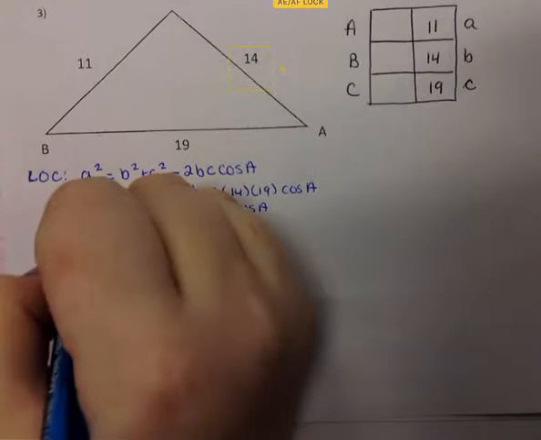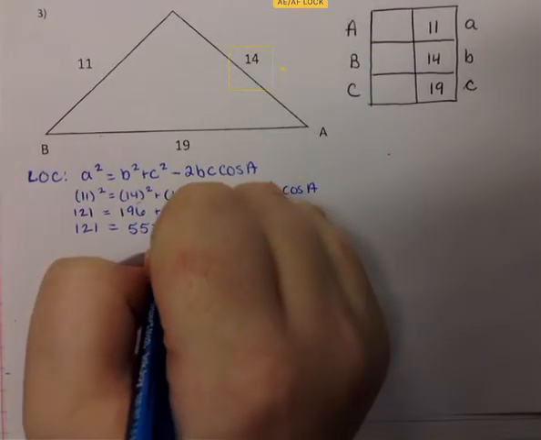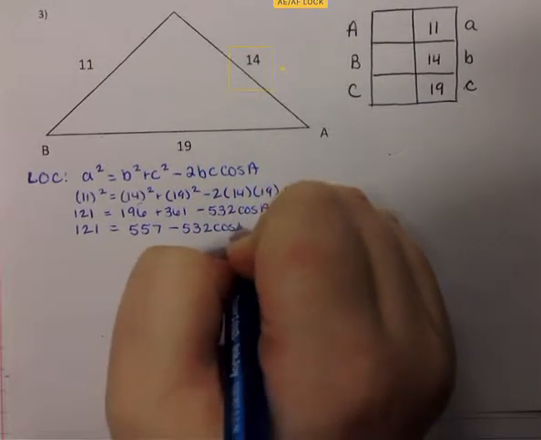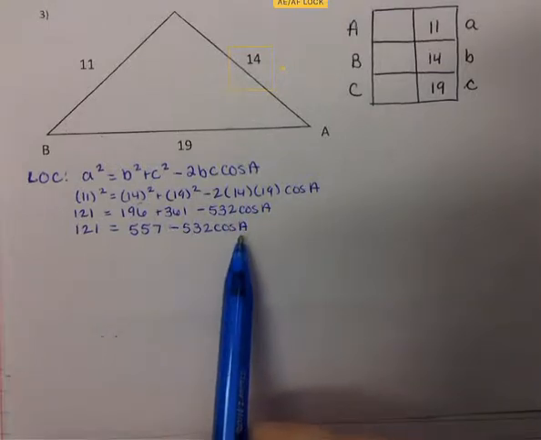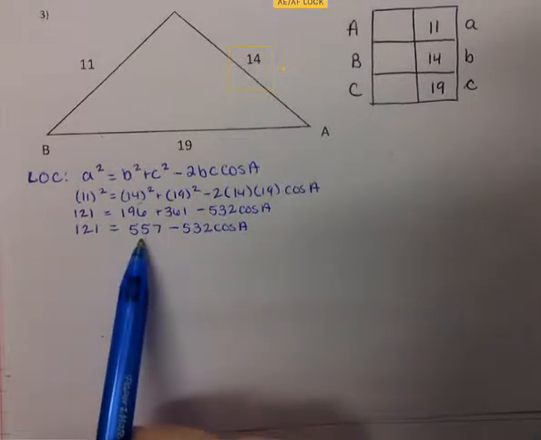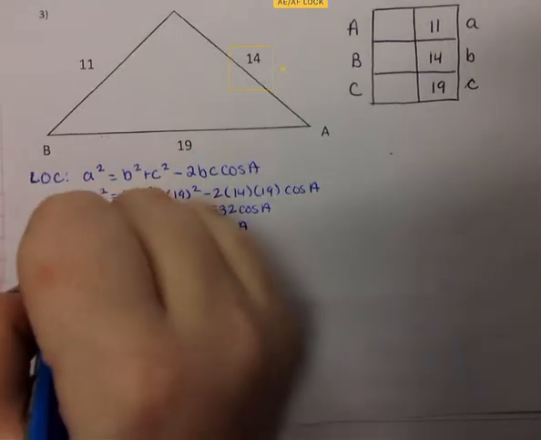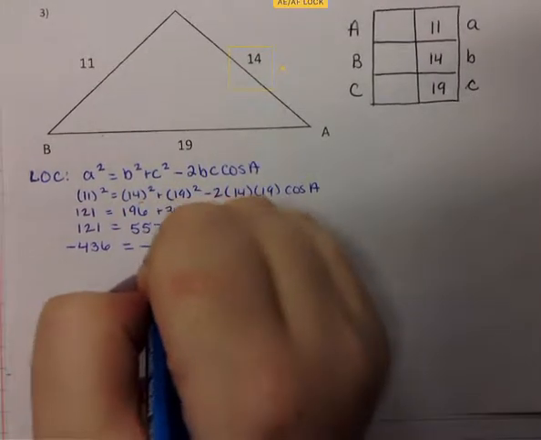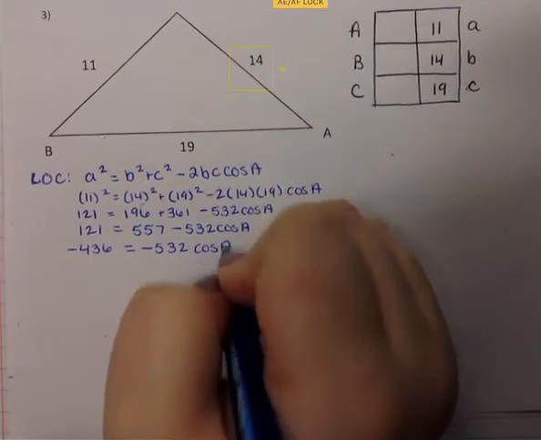So we have 121 is equal to 557 minus 532 times the cosine of A. Now to solve for A, I have to subtract this 557. So 121 minus 557 is negative 436, which is equal to the negative 532 cosine of A.